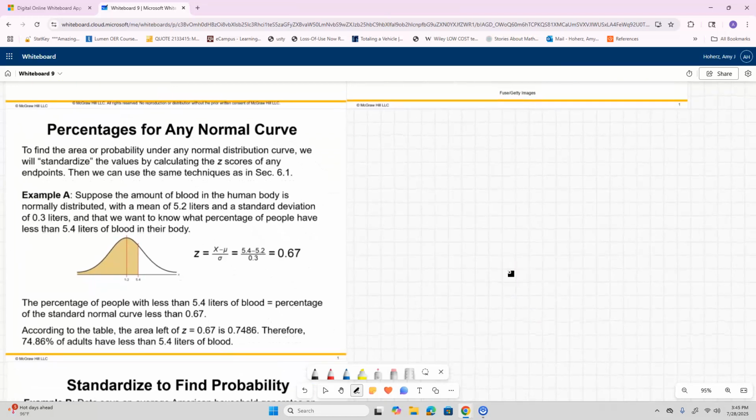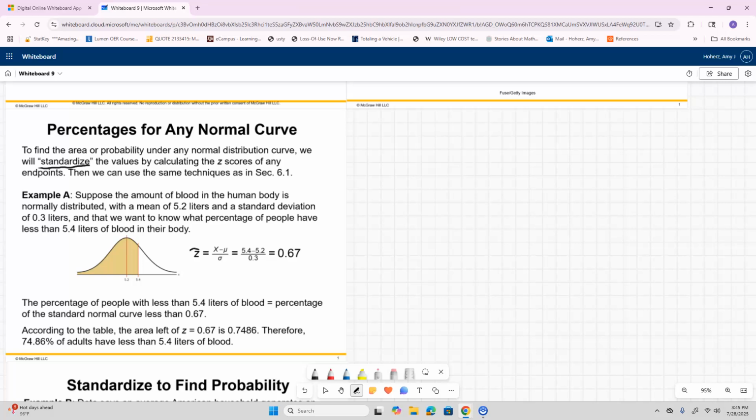All right, so now they're going to talk to us about how to find the area or probability under a normal distribution curve. We have to standardize the values. So standardizing the values is where, again, like in this scenario here, it says, suppose the amount of blood is normally distributed with a mean of 5.2 and a standard deviation of 0.3. And we want to know the percentage of people that have less than 5.4 liters of blood in their body.